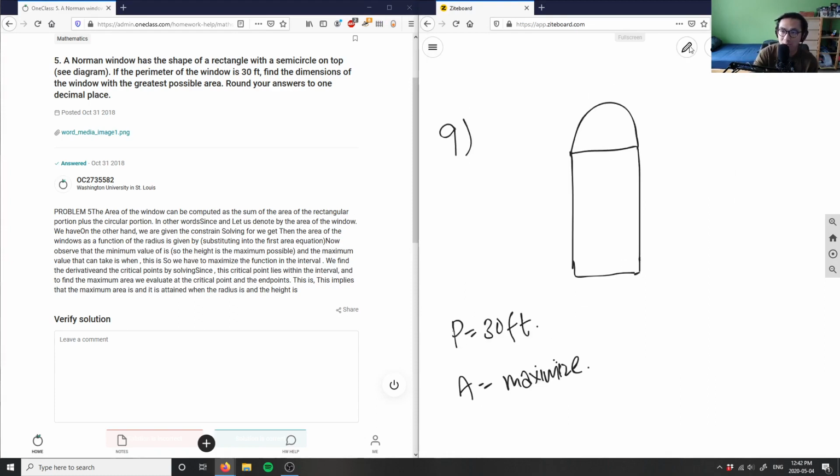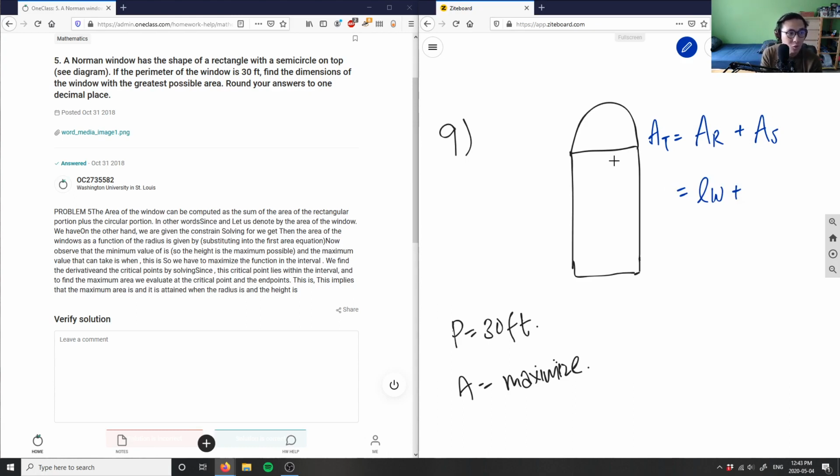So when we're talking about the area of the normal window here, I'll do this in blue. The total area is basically equal to the area of the rectangle, this blue part here, which we know as length times width, plus the area of the semicircle. So total area is length times width plus the area of a semicircle.